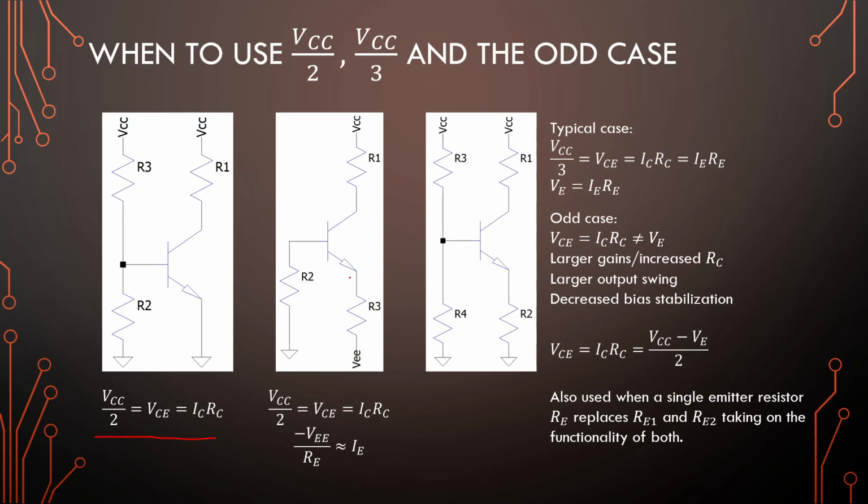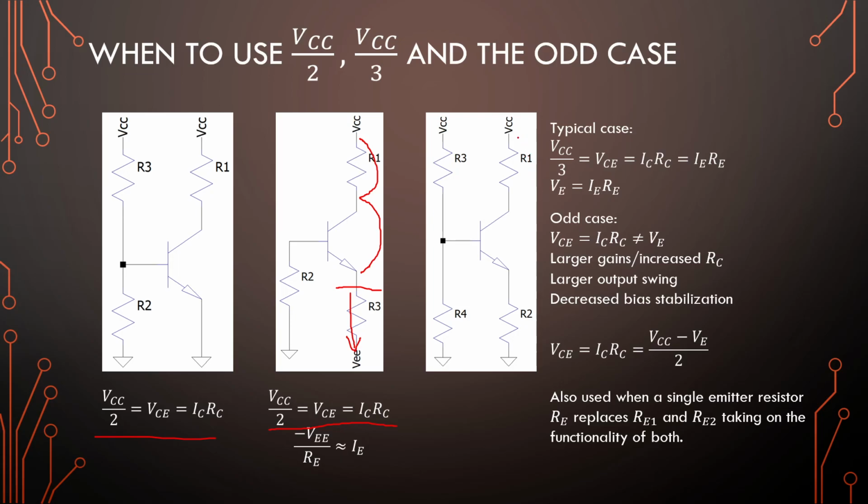Then the one where most people make the mistake is with a dual rail like this. Now you can draw a line right there. This emitter resistor and the negative rail is responsible for your bias. The amplifier part is up here with VCC. So this configuration will also be VCC over 2.